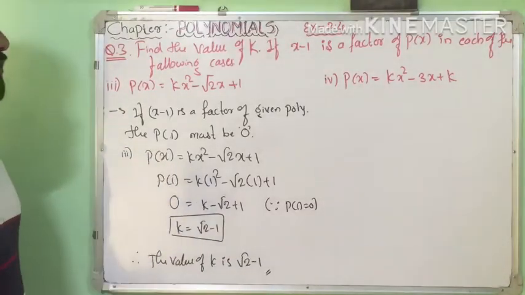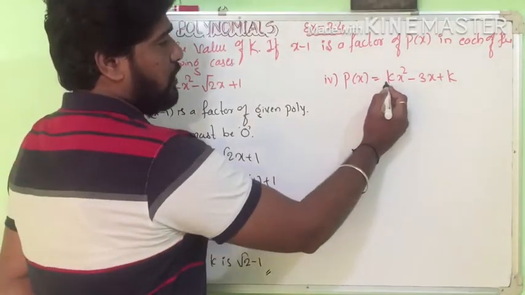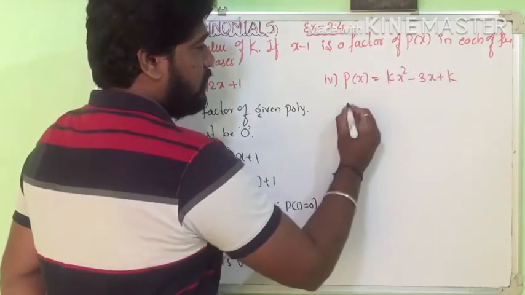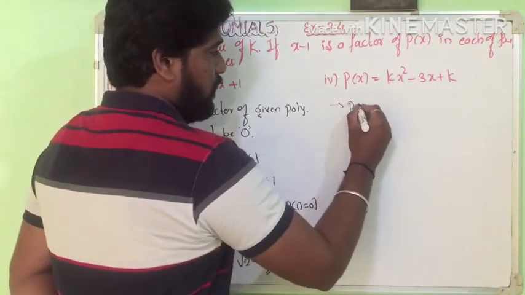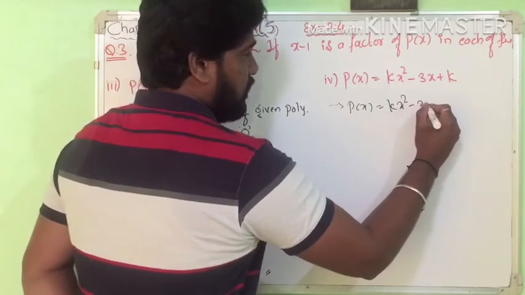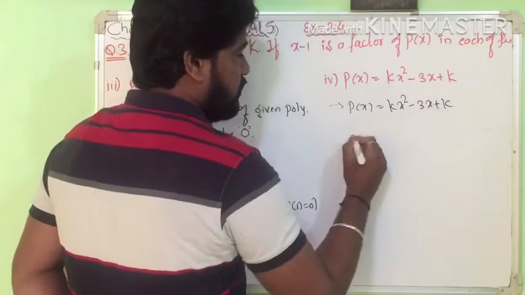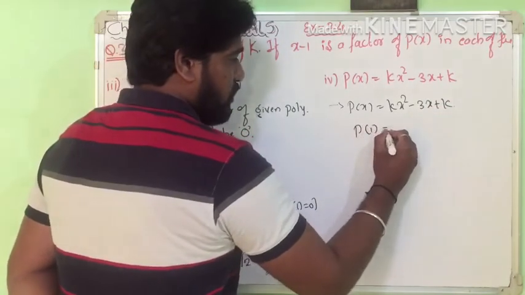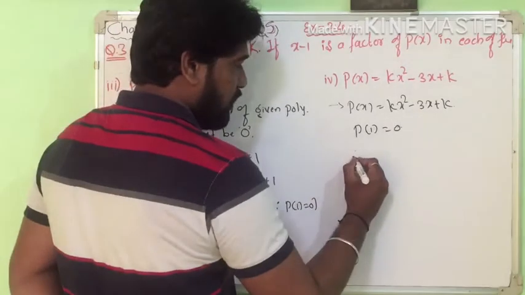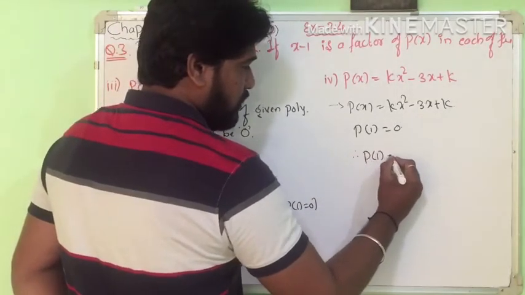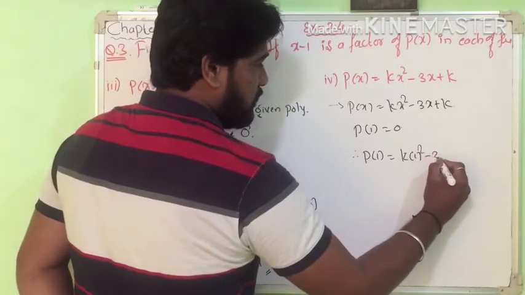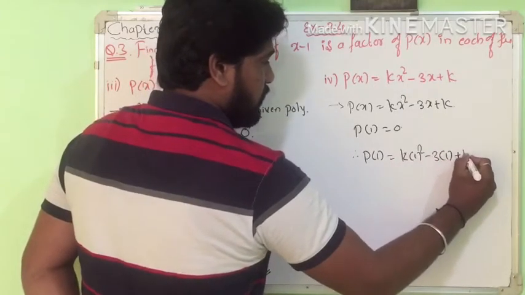So similarly, the fourth one is there, p of x is equal to kx square minus 3x plus k, right? So first write down the given polynomial, p of x is equal to kx square minus 3x plus k. So p of 1 is equal to 0, right? So therefore p of 1, x is replaced by 1: k times 1 square minus 3 times 1 plus k.